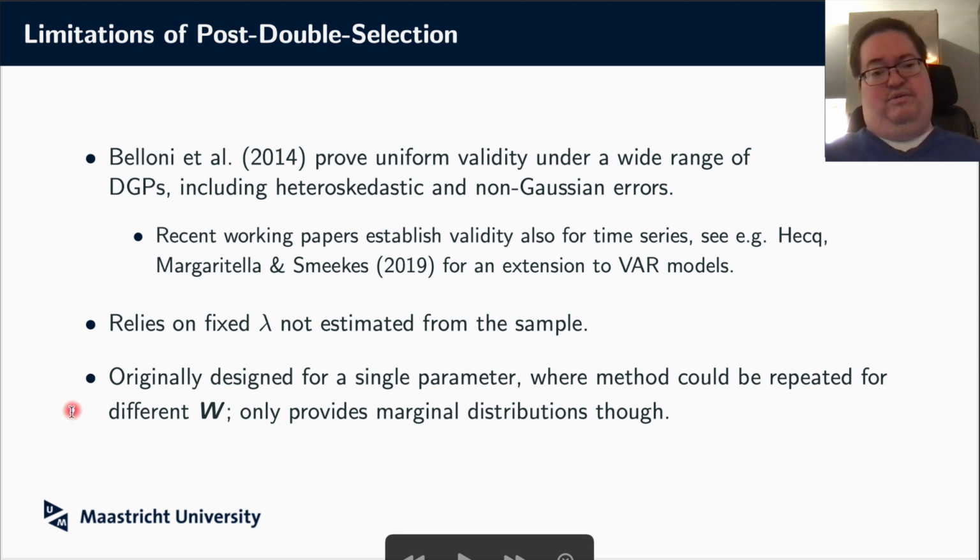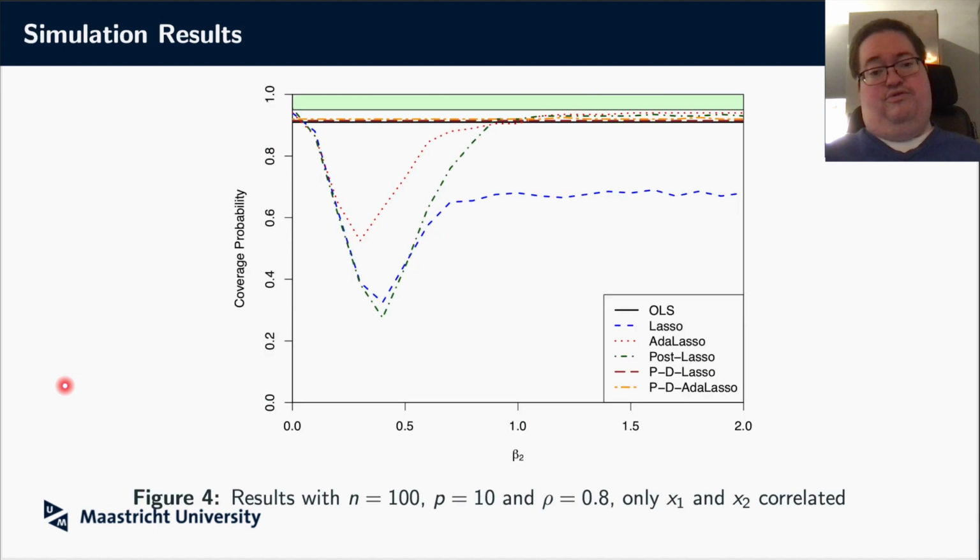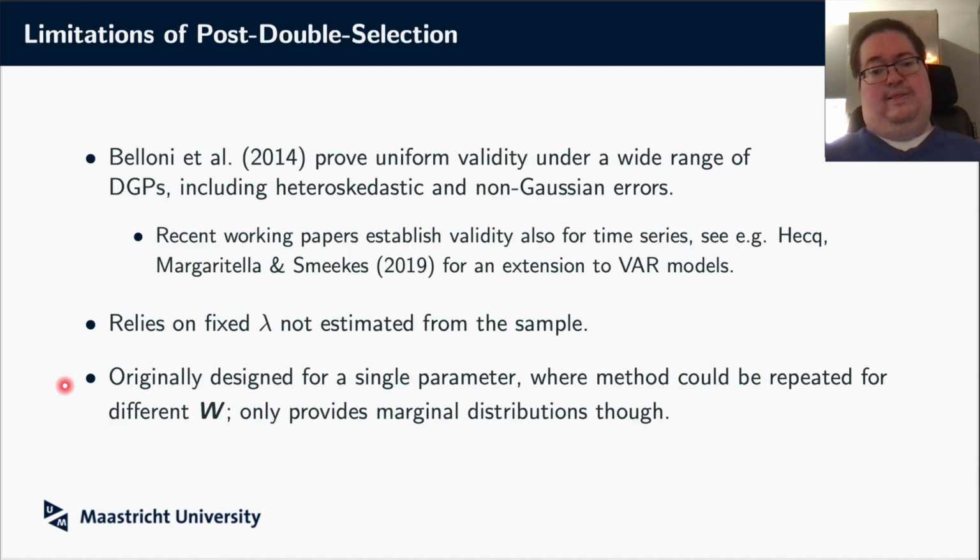Now, I think the biggest limitation is the bottom one, and that is that the method is really designed for a single parameter. You can repeat the method for different parameters. Suppose we would do inference on x2 also. You could do first x1 and then x2. It gives you marginal distributions, which is not great.